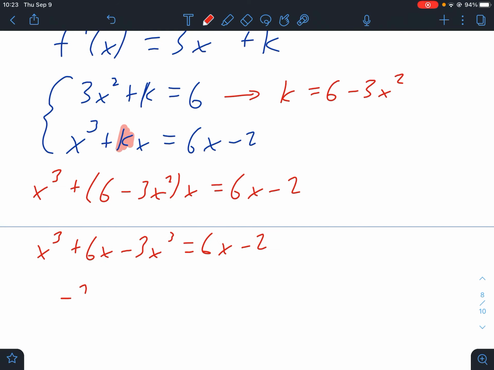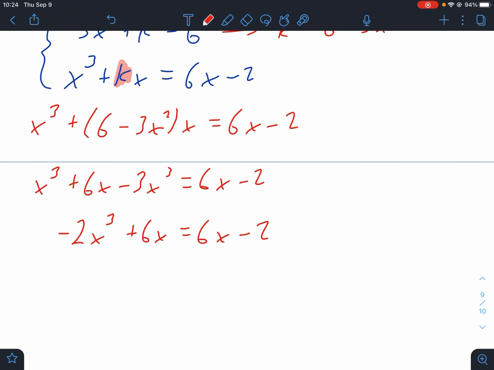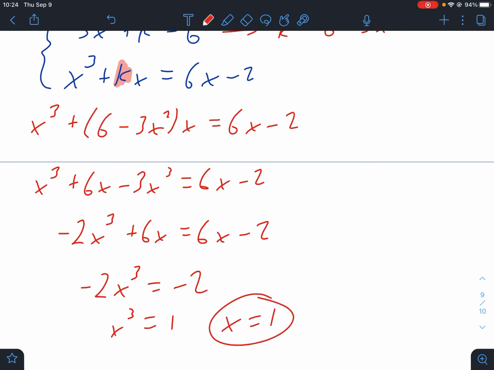Combine like terms here, I get negative 2x cubed. Subtracting 6x from both sides, I get negative 2x cubed equals negative 2. Divided by negative 2, I get x cubed equals 1. So the cube root will give me x equals 1.